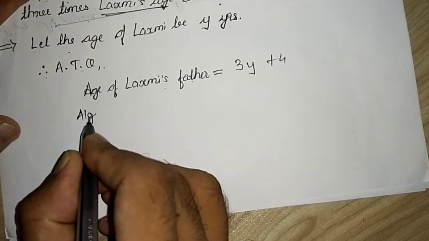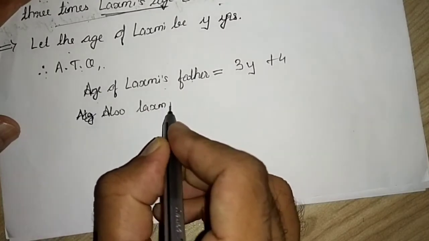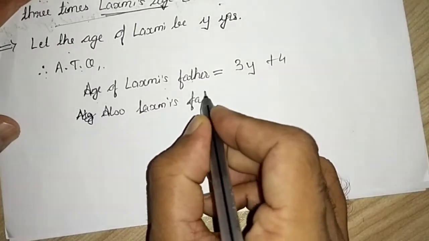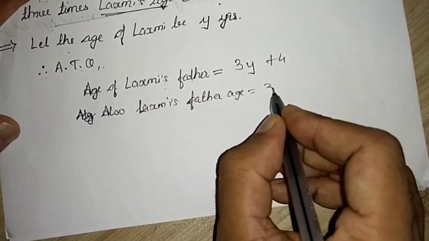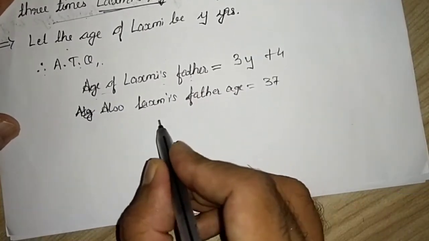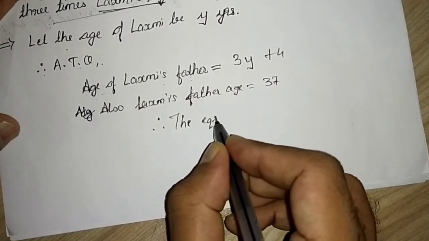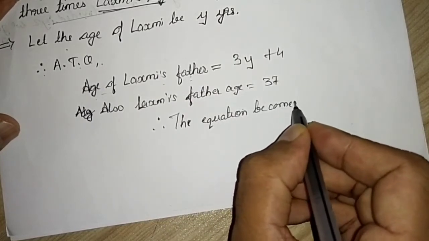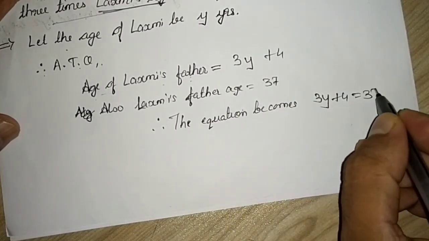Also, Lakshmi's father's age is 37. So we will equate them. Therefore, the equation becomes 3y plus 4 is equal to 37.